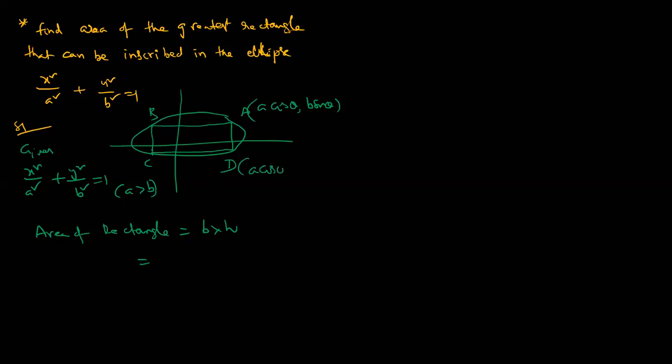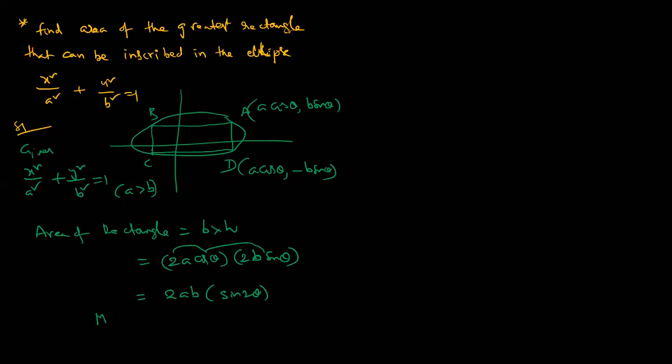The other point is a cos theta comma minus b sin theta, that is the fourth quadrant. So here also same thing. What is the base? That is 2a cos theta. What is the height? 2b sin theta. So that is 2ab into 2 sin theta cos theta, which is sin 2 theta.